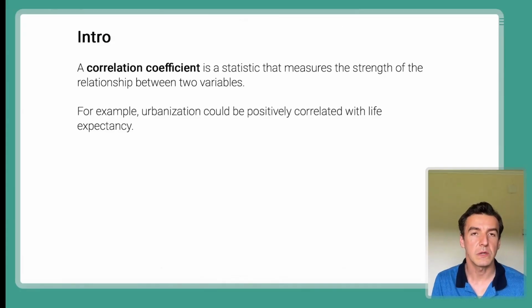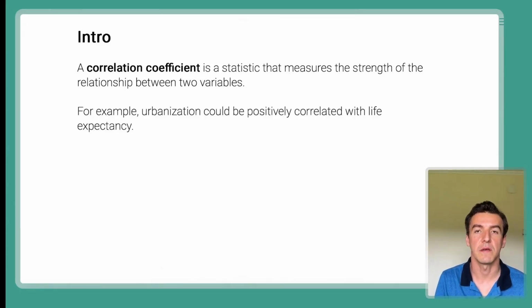So previously we discussed the case of urbanization and life expectancy. We noticed that typically there is a positive relationship between urbanization and life expectancy. Another way of saying this is to say that countries that have higher levels of urbanization also have higher levels of life expectancy.